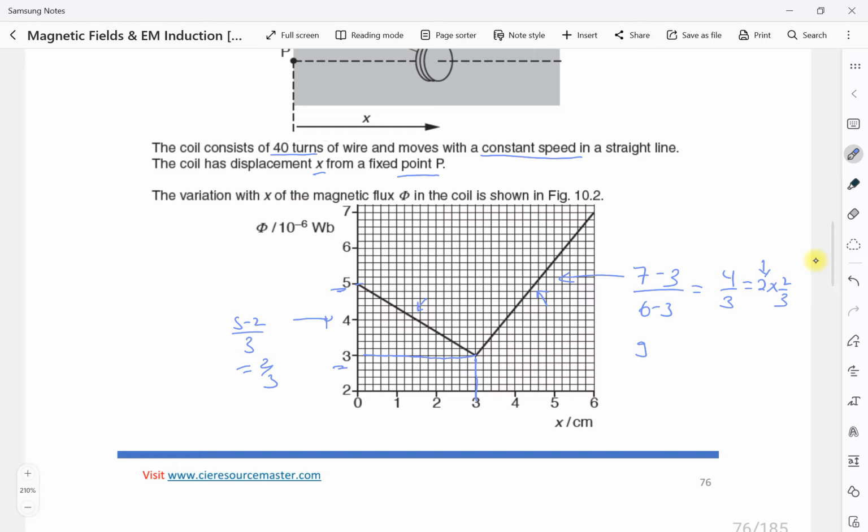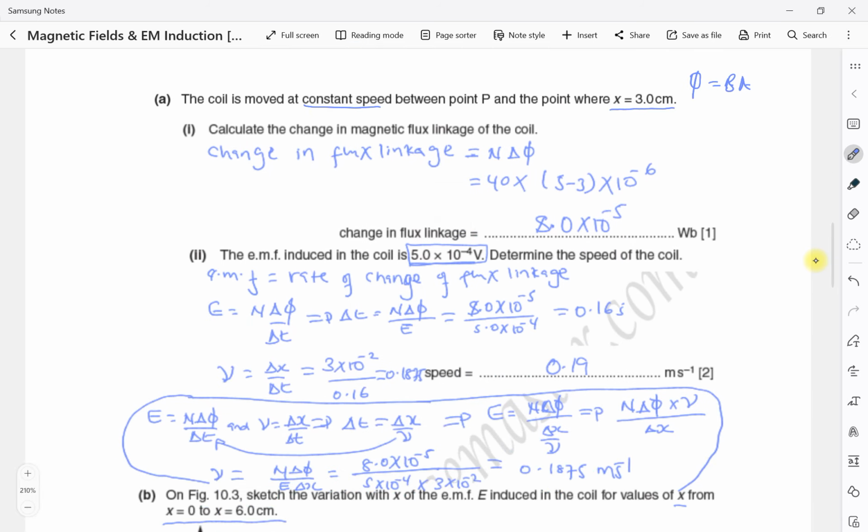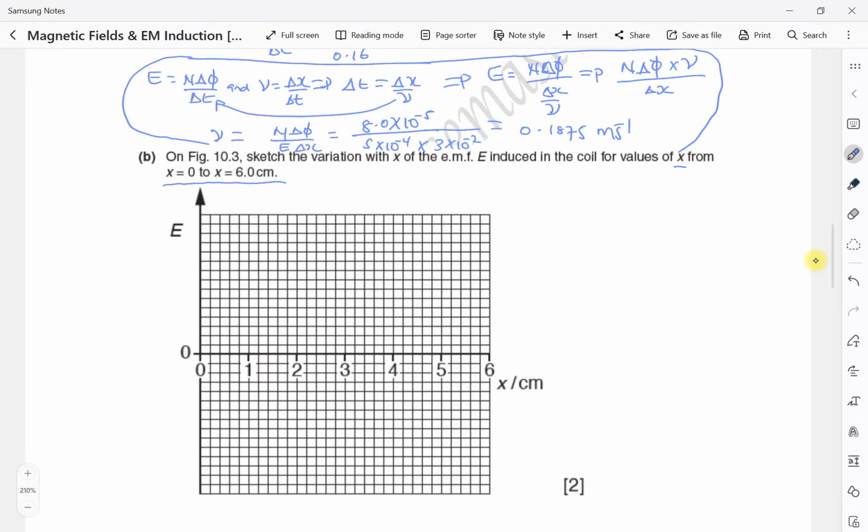Therefore, the EMF on the right hand side is twice the EMF on the left hand side. Between 0 and 3 centimeters, the EMF is half the EMF on the other side, represented by the gradient on the right hand side. And remember, these are supposed to have opposite signs.